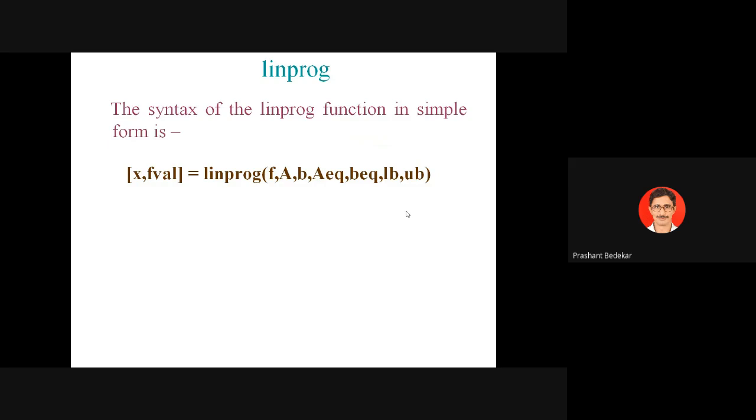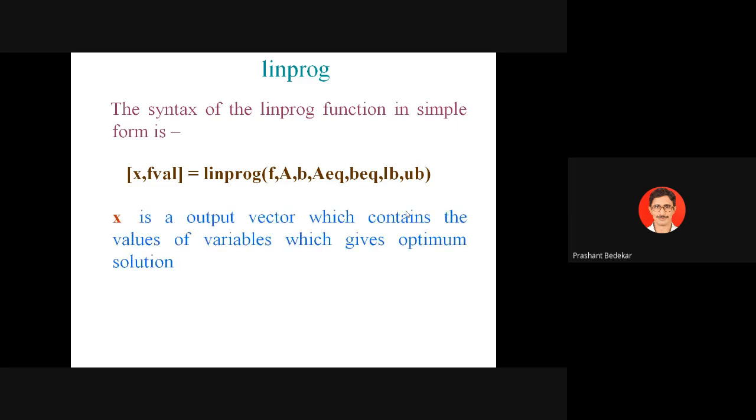So after linprog is executed, X contains the optimum point. So X contains actually the design vector. X is the output vector which contains the values of variables which give the optimum solution, single or multiple, depending upon whether it is a single variable function or multivariable function.